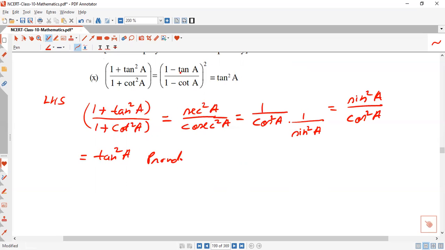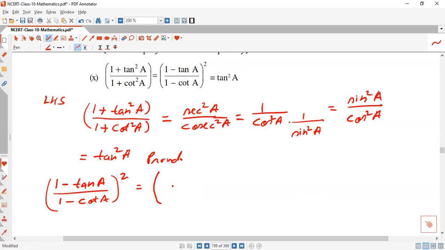Second part: 1 minus tan A whole square upon 1 minus cot A whole square is also equal to tan square A. So we take 1 minus tan A upon 1 minus cot A, whole square. Let's say we take the square. Replace tan A and cot A in terms of cos and sin.